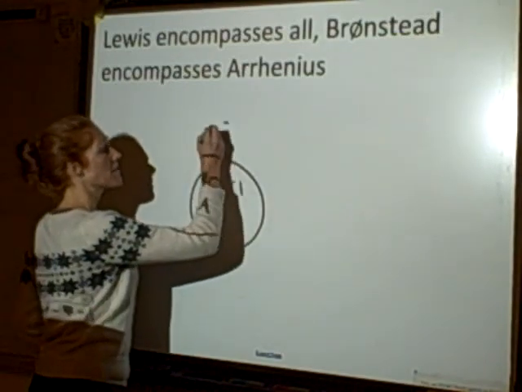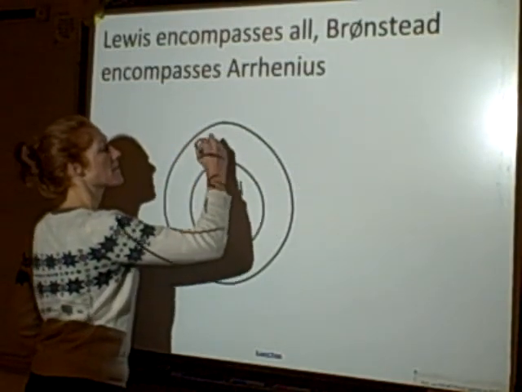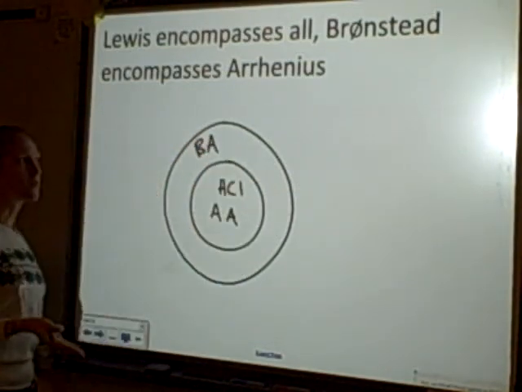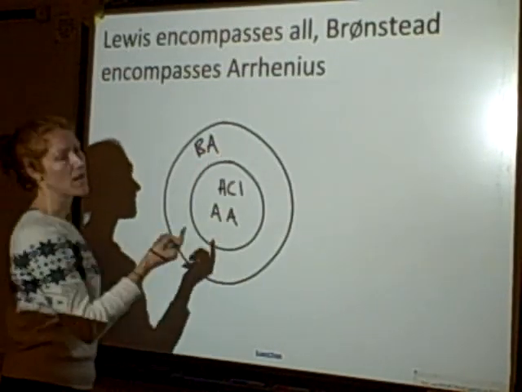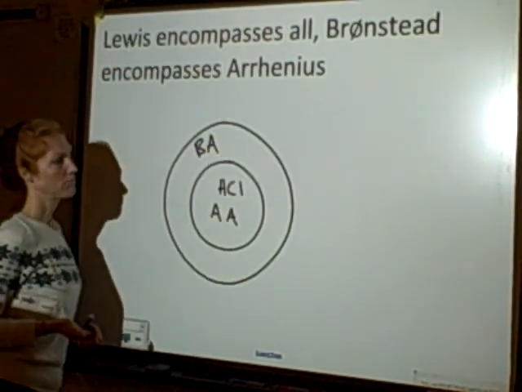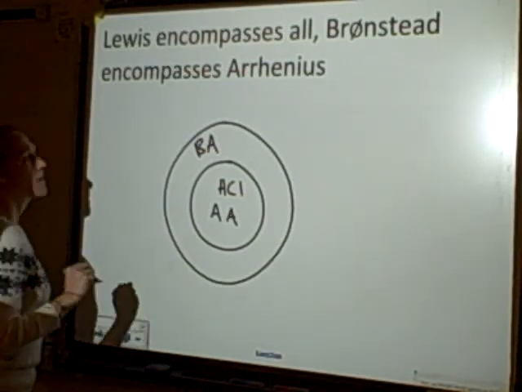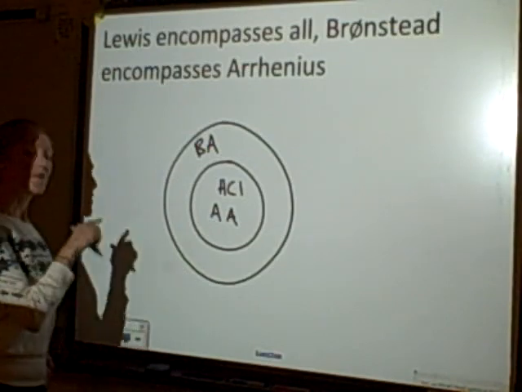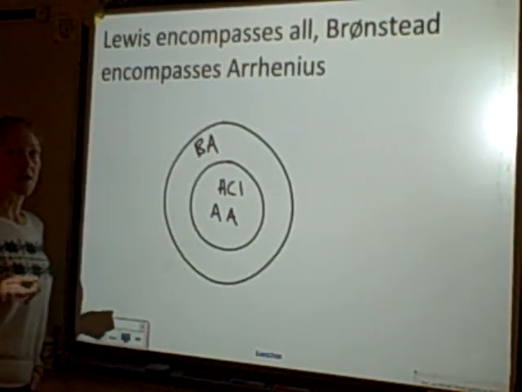Anything that donates an H+ to water is going to be also a Bronsted acid. If it's donating to something else, it's a Bronsted acid, but not an Arrhenius acid, because the Arrhenius has to happen in water. And then for the Lewis, if something's donating an H+, that H+ accepts an electron pair.